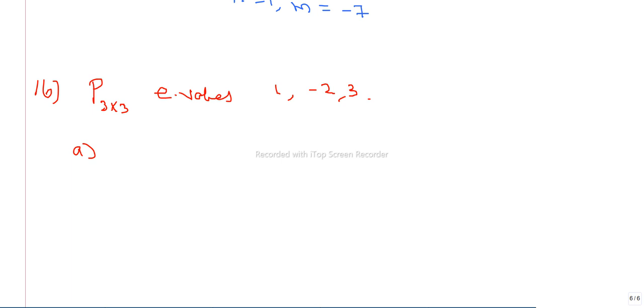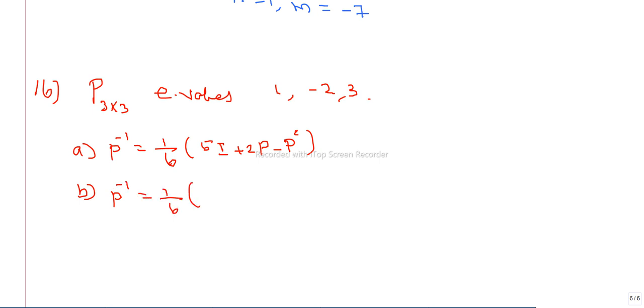The first option, P inverse should be 1 by 6 times 5I plus 2P minus P square. And then the second option, P inverse should be 1 by 6 times 5I minus 2P plus P square.